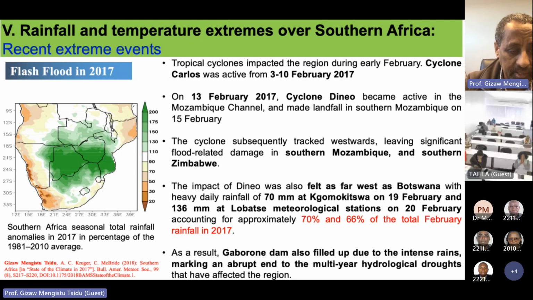And they resulted in very huge rainfall over southern Mozambique and southern Zimbabwe, as you can see, shown by this very green area, which means the amount of rainfall here is actually 200% above normal.